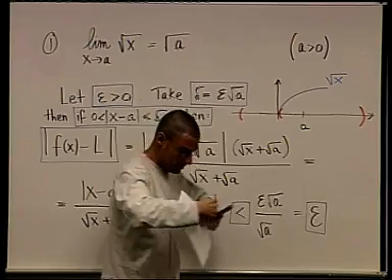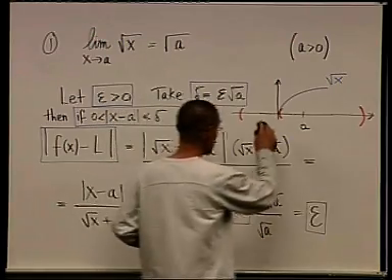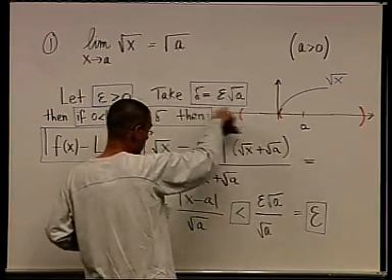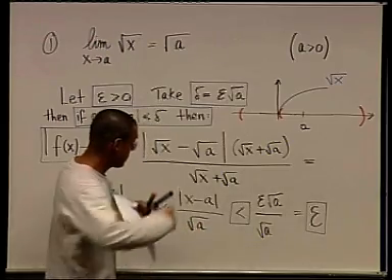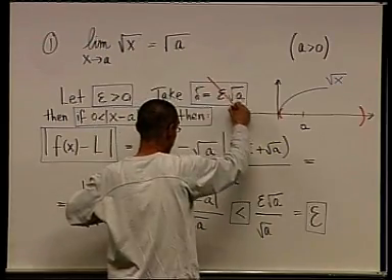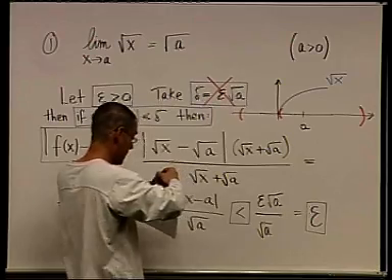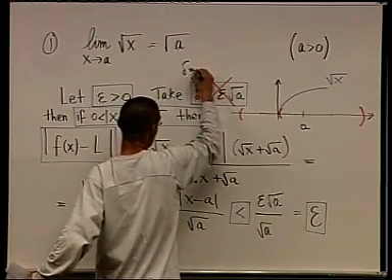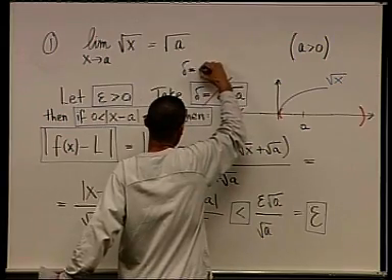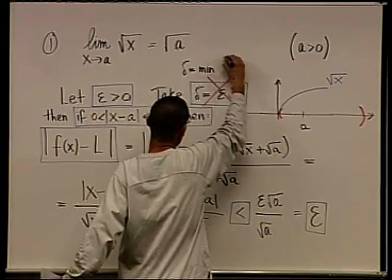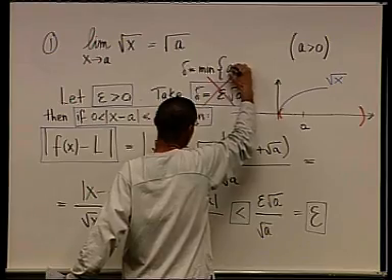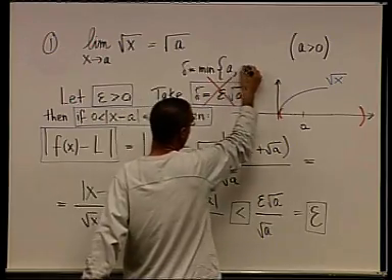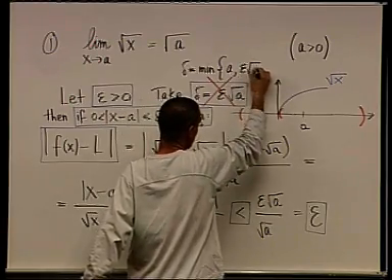So in order to fix this, I'm going to replace this and say, take delta to be the minimum value between a itself and epsilon root a.